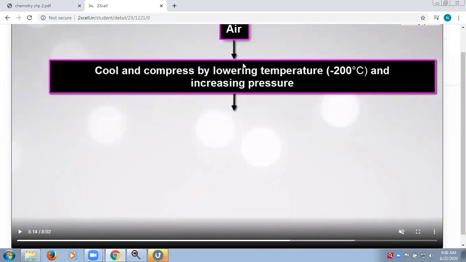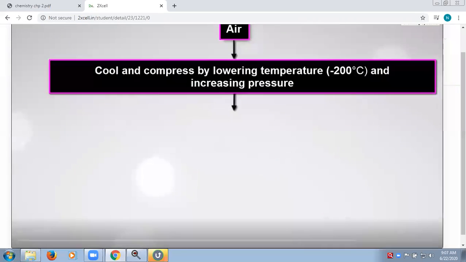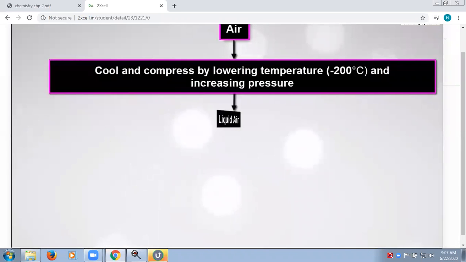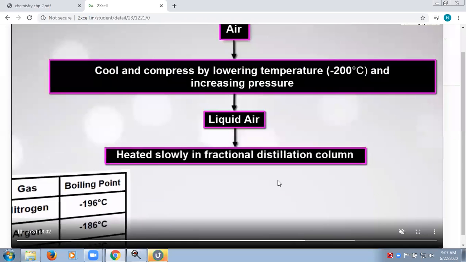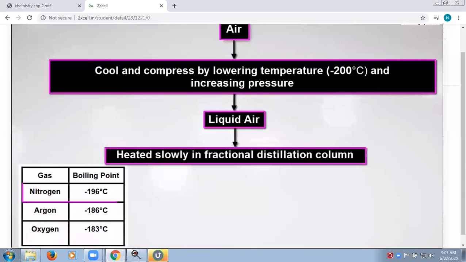Applying high pressure and low temperature, air will cool down into its liquid form. Now this liquid air is allowed to enter the fractional distillation column and is heated slowly.